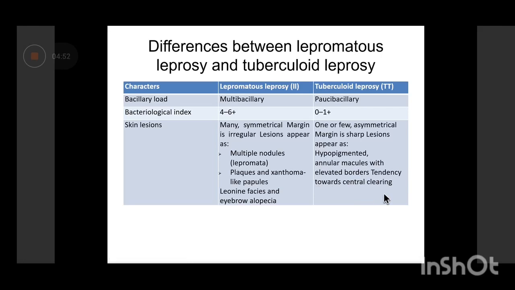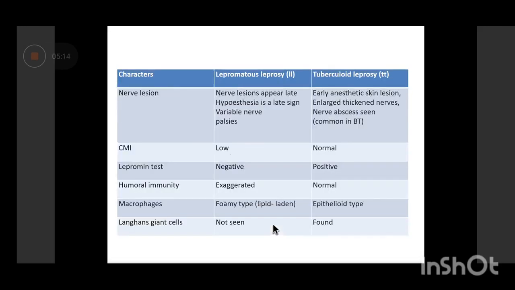So the center will be clear, and the margins will be elevated. So the skin lesions are different in lepromatous leprosy and tuberculoid leprosy.